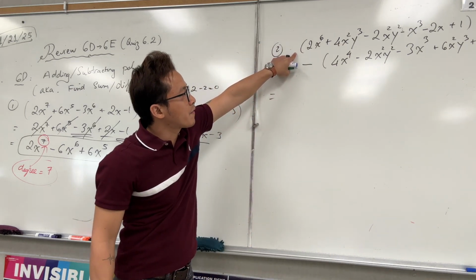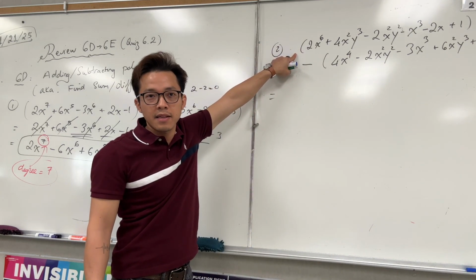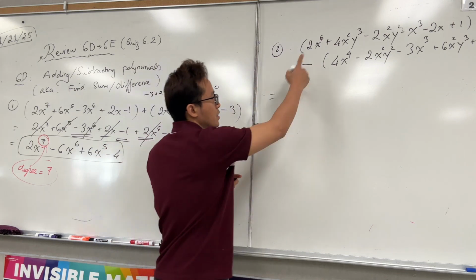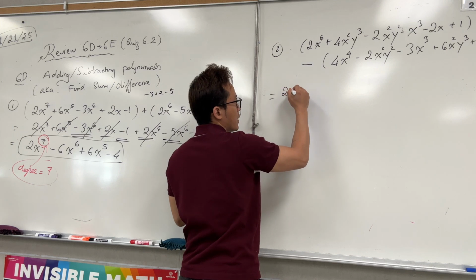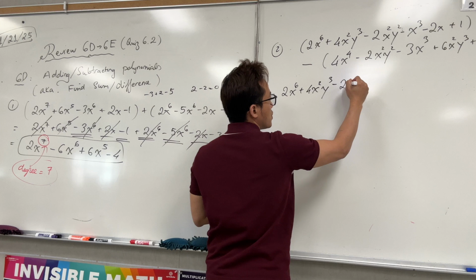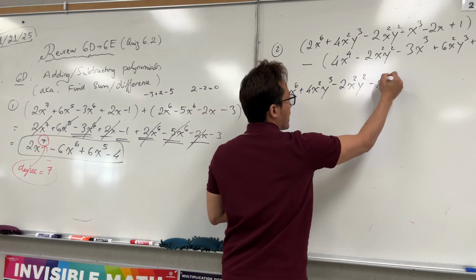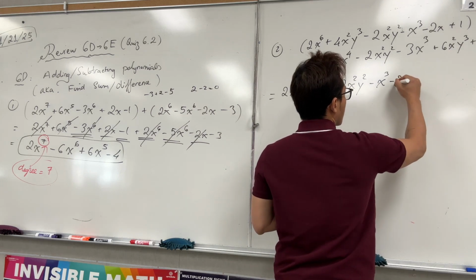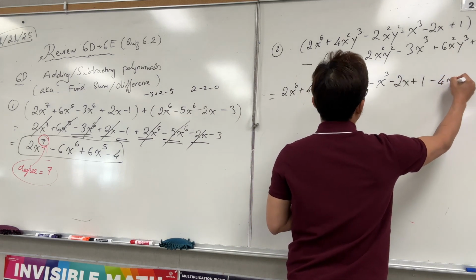If there's nothing on the front, is that minus or plus? Plus, right? Do you need to change anything over here? No. Okay, so just get rid of the parentheses. You have 2x^6 plus 4x squared y cubed minus 2x squared y squared minus a cubed minus 2x plus 1 minus 4x^4.